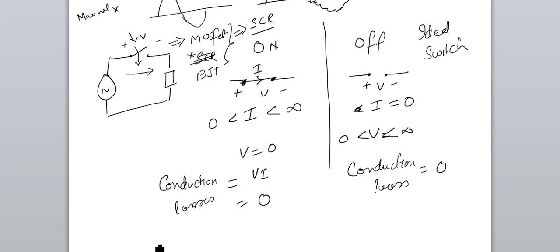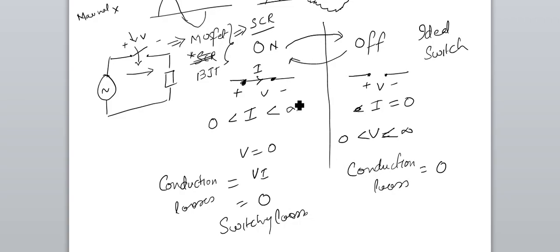But there is a switching loss. Switching loss means while you are transferring from on to off or off to on, there will be a change in the nature of the current.